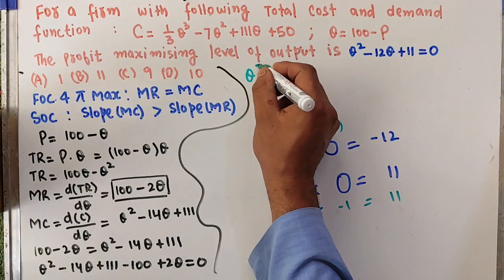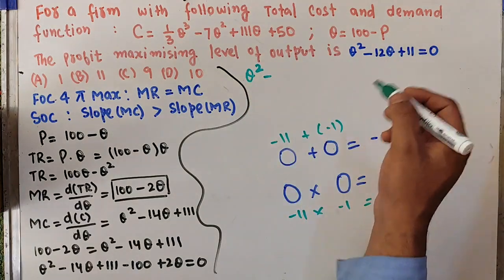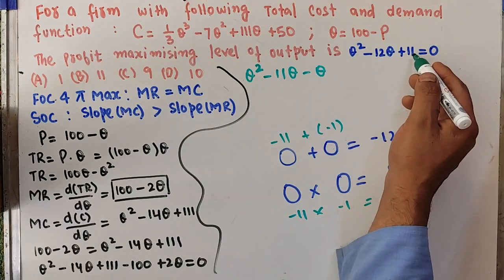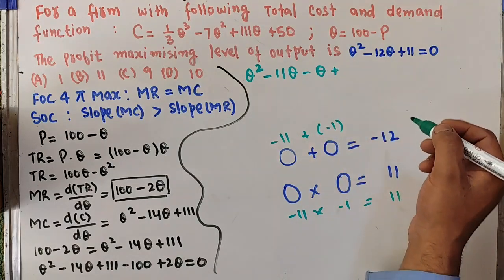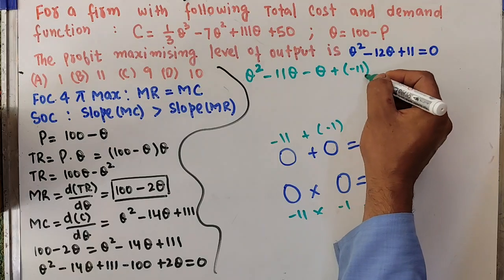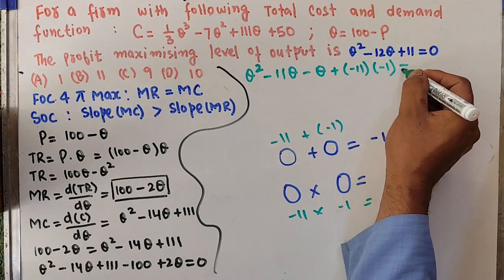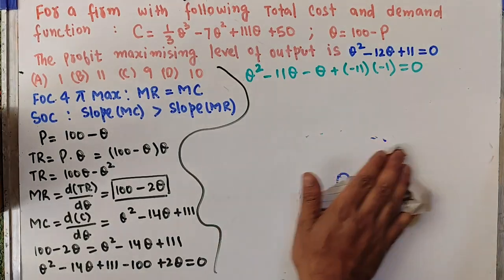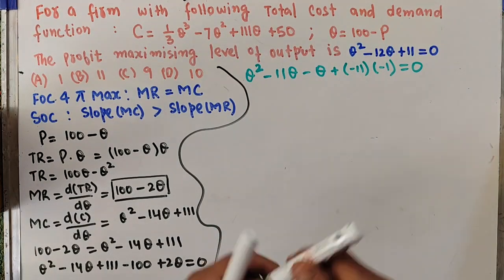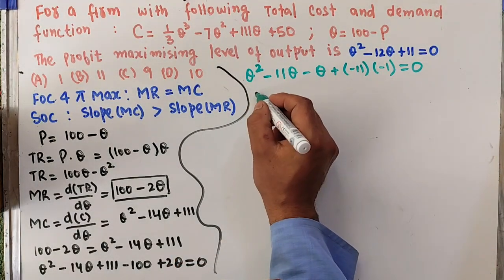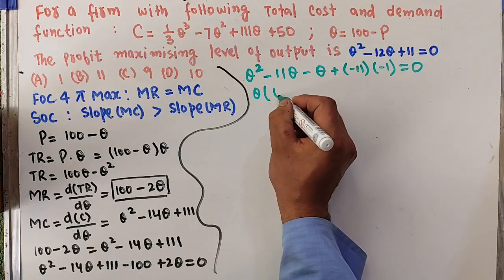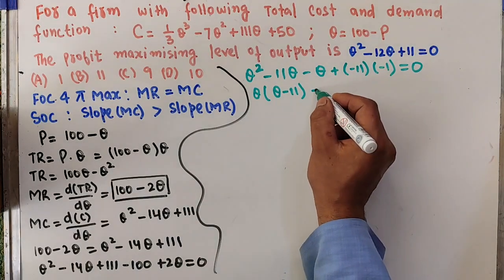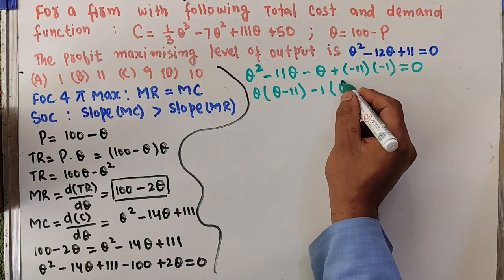So we have Q square minus, in place of minus 12Q we write minus 11Q and minus Q. In place of plus 11, we write minus 11 times minus 1, and we set it equal to 0. Next, let us take Q common in the first two terms. Taking Q common, we are left with Q minus 11. In the last two terms, let us take minus 1 common, we are left with Q minus 11.